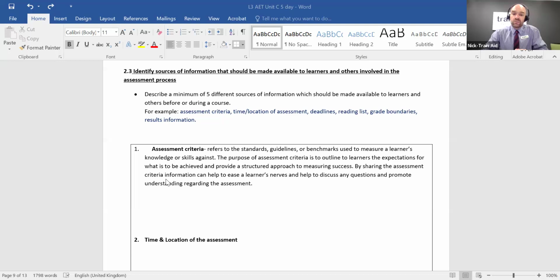The purpose of assessment criteria is to outline to learners the expectations for what is to be achieved and provide a structured approach to measuring success.